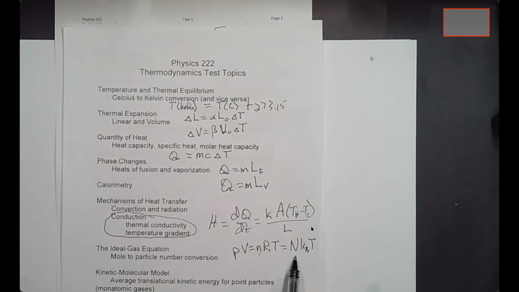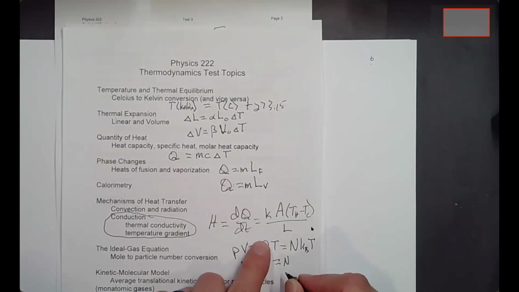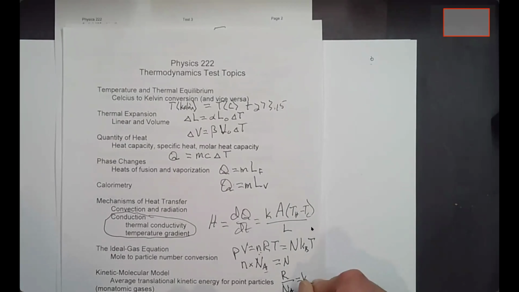To get from the number of moles to the number of particles, you multiply by Avogadro's number, which is 6.02 times 10 to the 23rd particles per mole. It's on the formula sheet, and that would equal the capital N. And if you take the gas constant and divide it by Avogadro's number, you get Boltzmann's constant. So there's that link between the two.